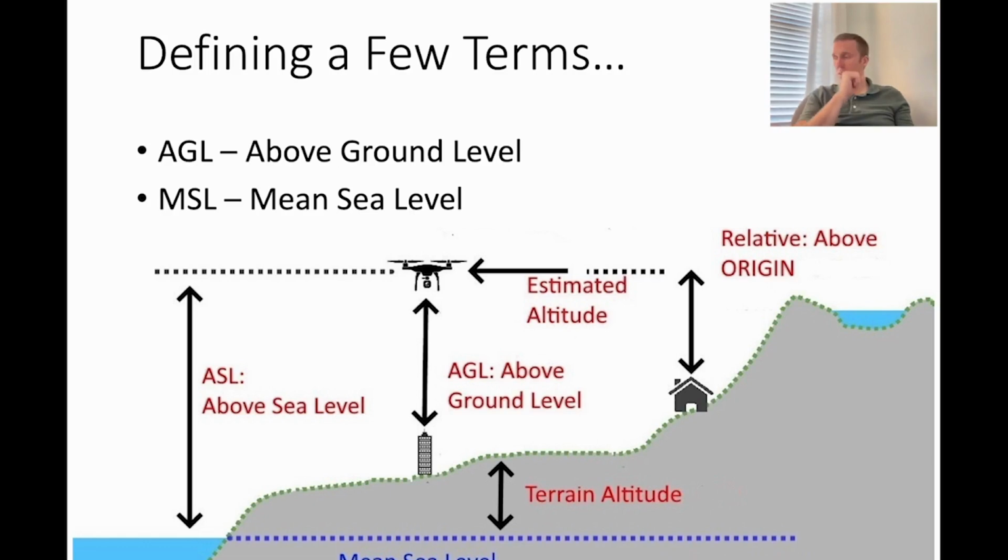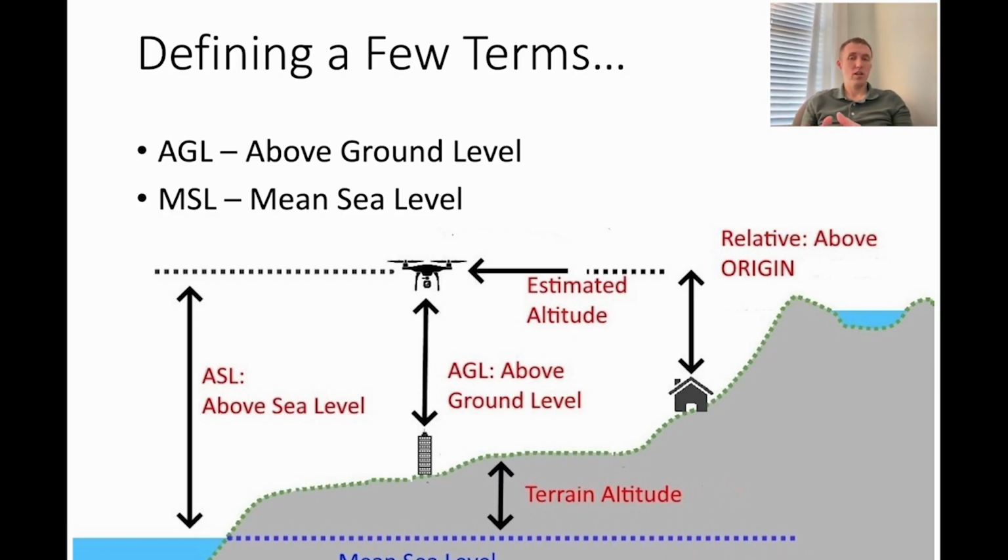So just before we get started into the details of the actual airspace classifications themselves, I wanted to define a couple of these terms again. I know we've talked about these before. AGL, above ground level, and MSL or ASL, mean sea level or above mean sea level. These are two terms that are going to be used for different types of airspace.